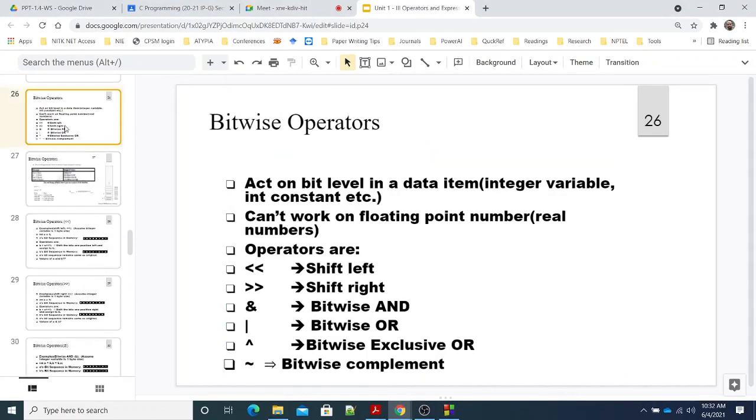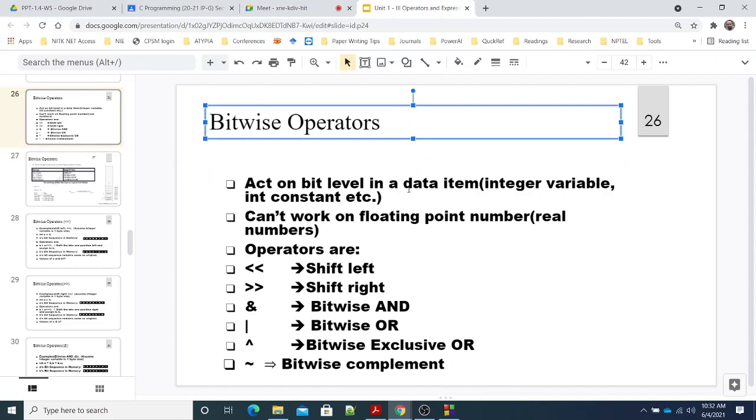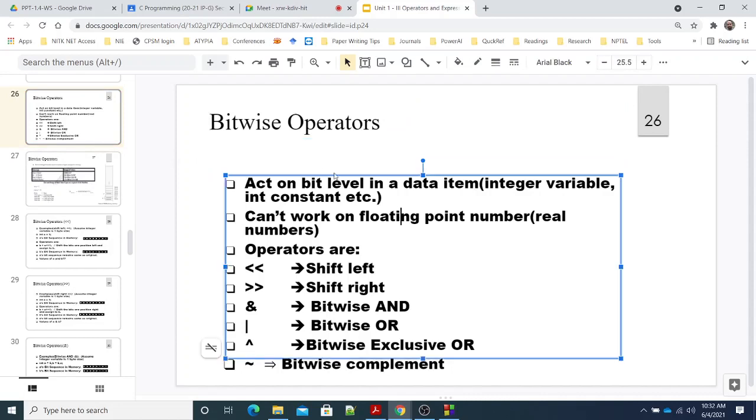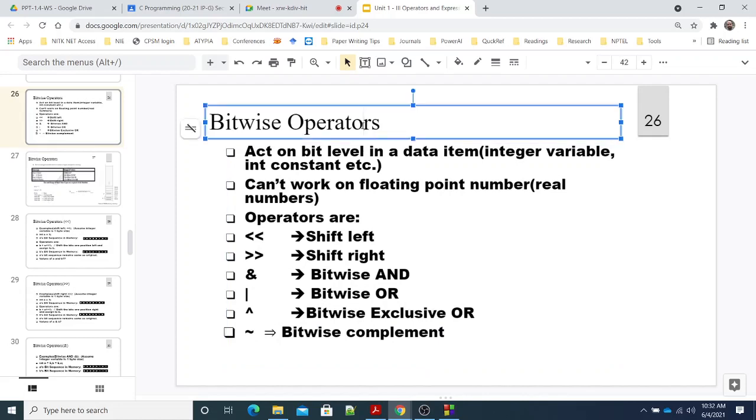So the next set of operators are called bitwise operators. Slightly different, and we don't commonly use these operators, not like arithmetic operators or logical operators. Bitwise operators act on individual bits in a number. Any integer, any data is made of bits, ones and zeros. They are called bits, and bitwise operators act on the bit level.